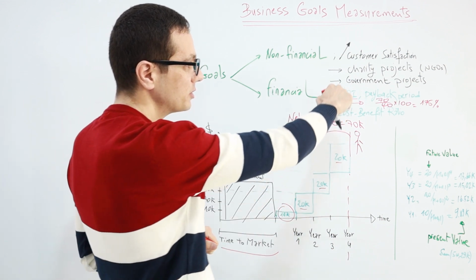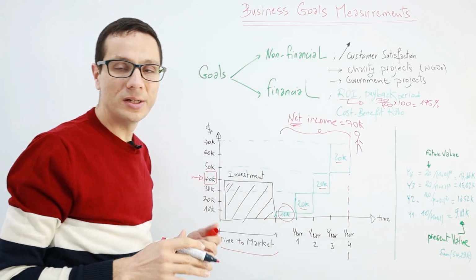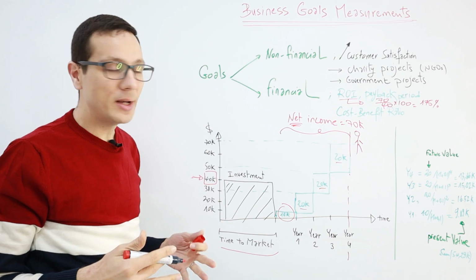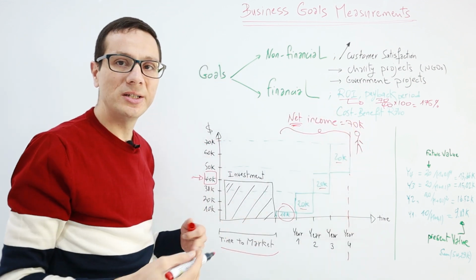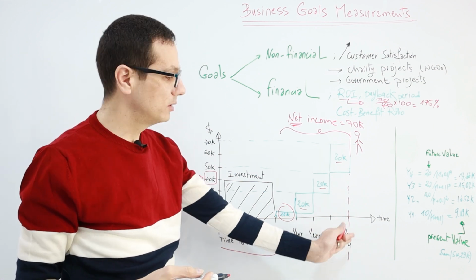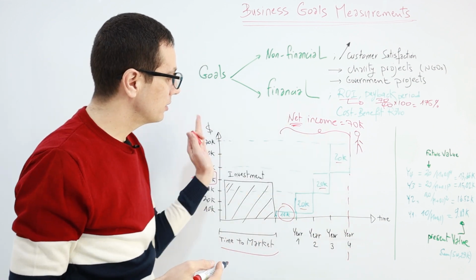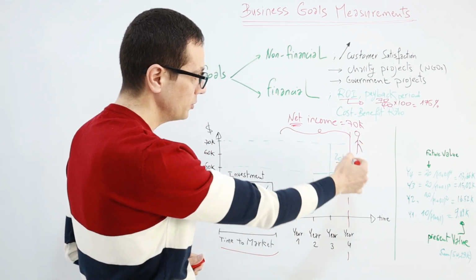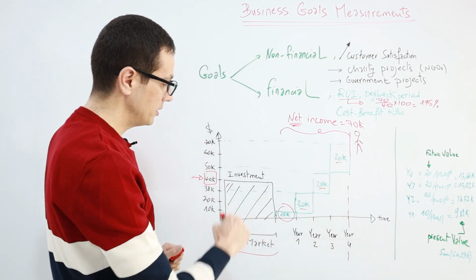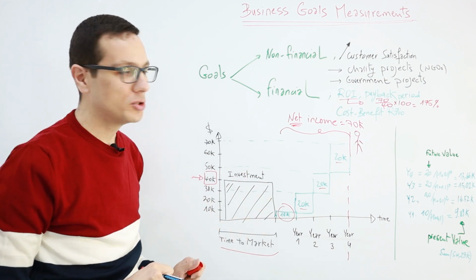The more the return on investment, the better the project. But as we said, return on investment is when you look back. You already invested, you are here in year 4, and you are looking back and you already know the revenue that you have made, and you already know how much you invested.